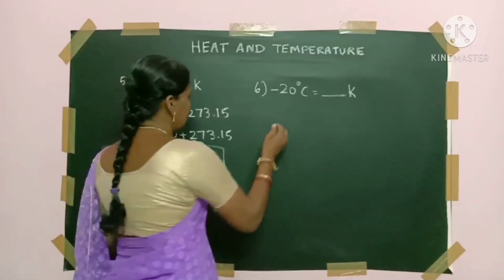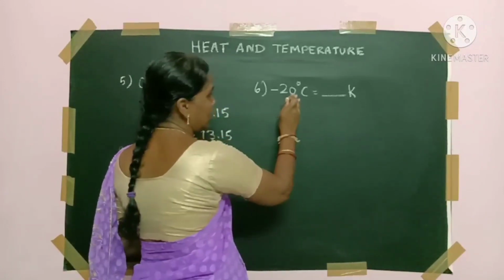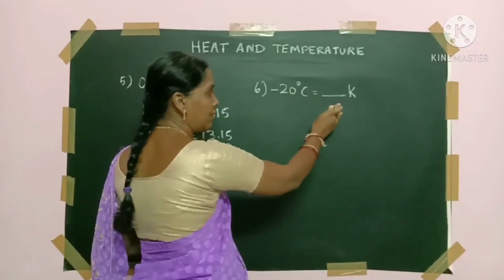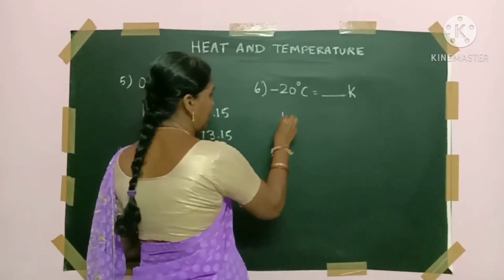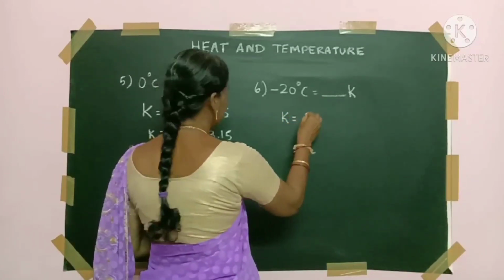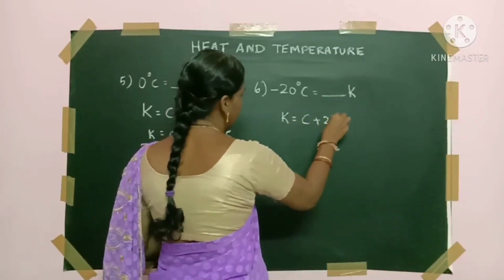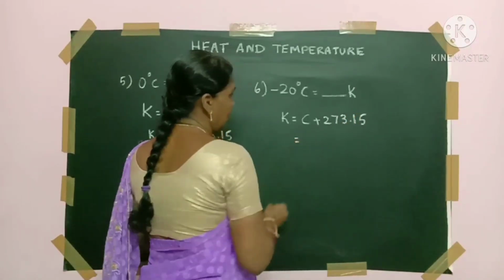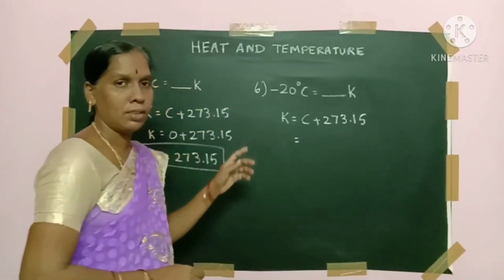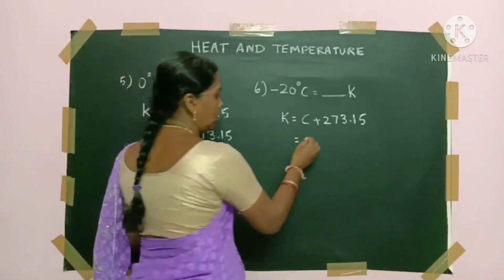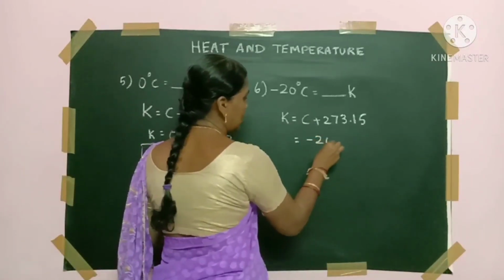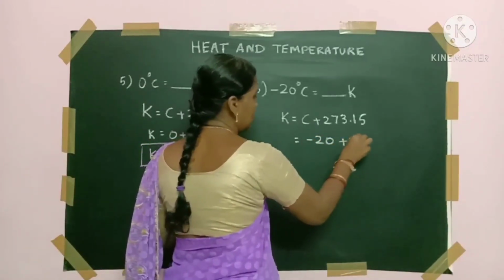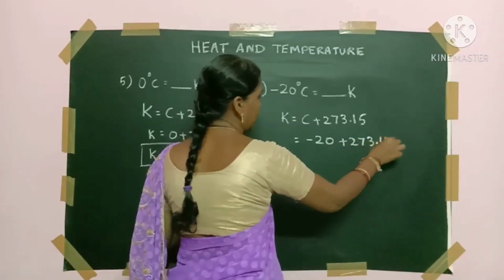The next one, the same formula. Minus 20 degrees centigrade we have to convert to Kelvin. First write the formula: K equal to C plus 273.15. What's the value of C here? Minus 20, that you have to mention. Minus 20 plus 273.15.